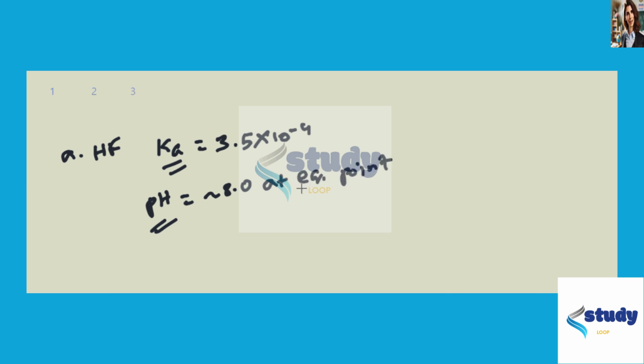That means the equivalence point will occur at pH 8, and the endpoint will occur at pH 8 if we choose the correct indicator. So we have to go for the indicator which changes color at or around pH 8.